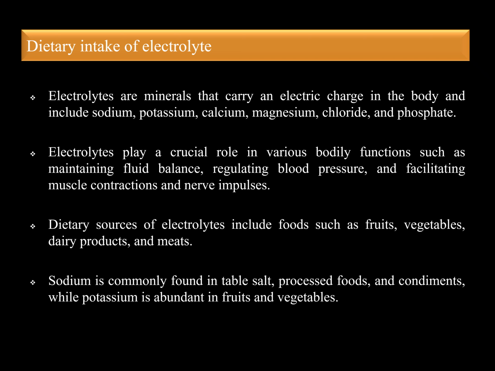Chloride comes mainly with sodium as sodium chloride. Phosphate comes from protein-rich food like milk and legumes. A balanced diet usually provides enough electrolytes, but illness, fatigue, diarrhea, or poor diet can cause imbalance.